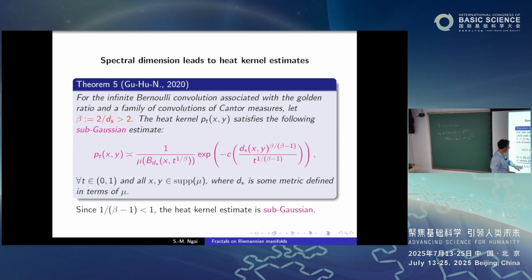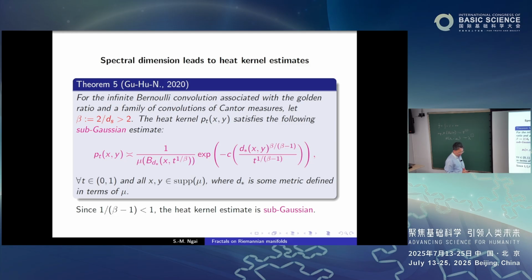It means this exponent here is one for R^n, the standard Laplacian compared with Riemannian manifolds. But for fractals, this is less than one.